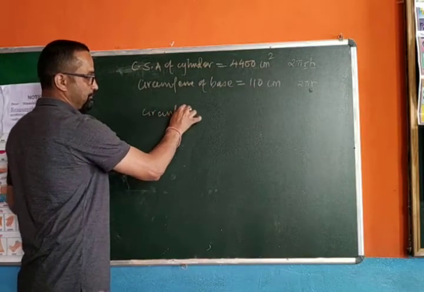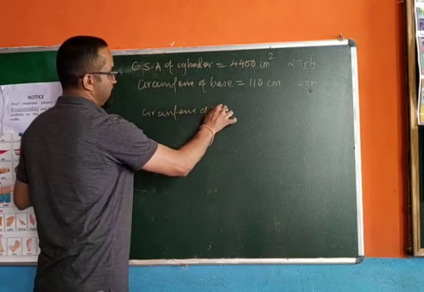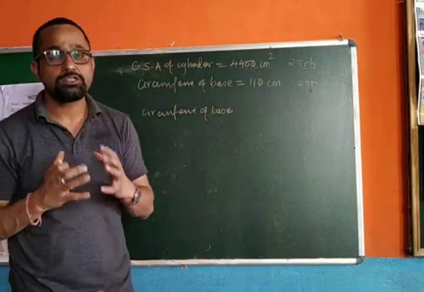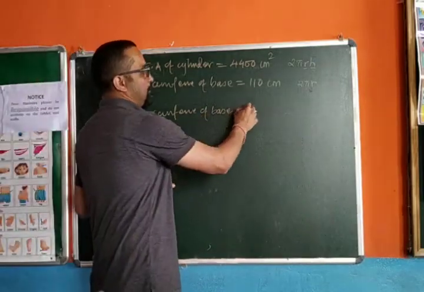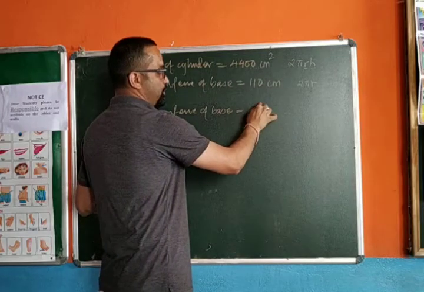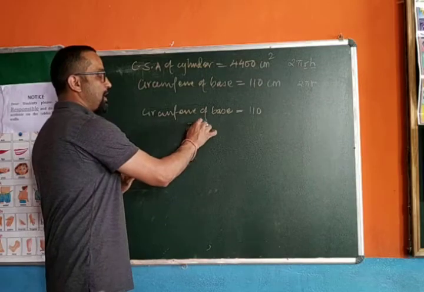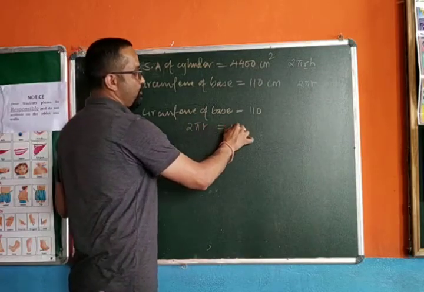Circumference of base, and base of the cylinder is in form of circle, 110. So we write down the formula. 2 pi r equal to 110.